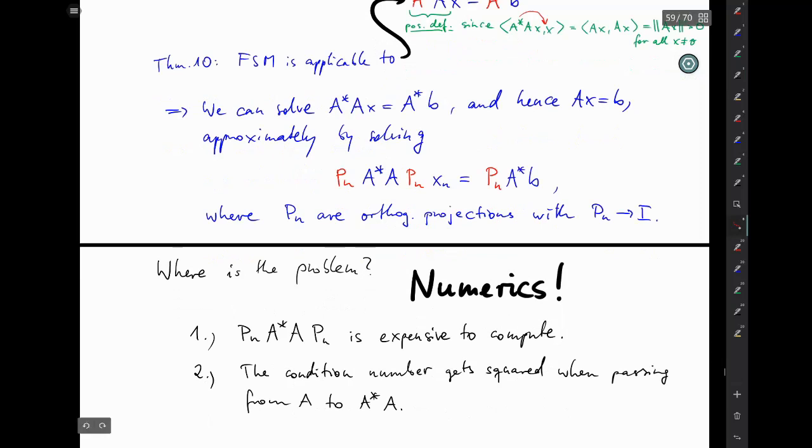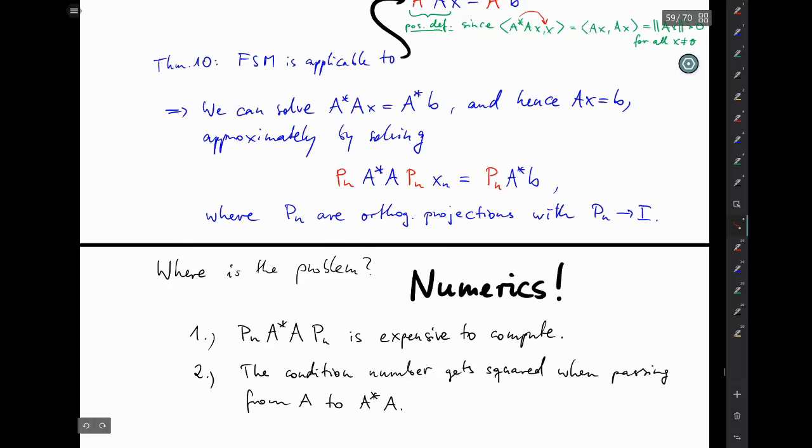We will talk about condition numbers in the next chapter, and that will be next week or maybe the week after that. Just briefly, the condition number tells you how sensitive the solution of your system is to perturbations, so to errors of the right-hand side of your system.